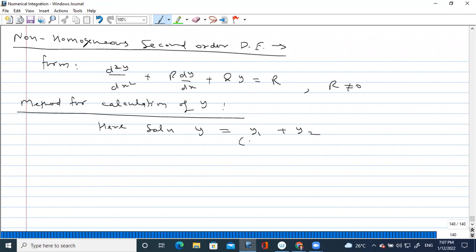This y1 is named the complementary function and this y2 is known as the particular integral. So these things we have to note down. This is the complementary function and this is the particular integral.